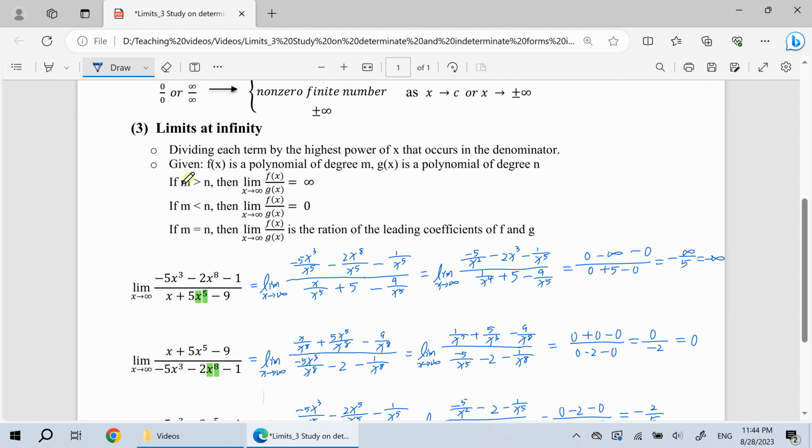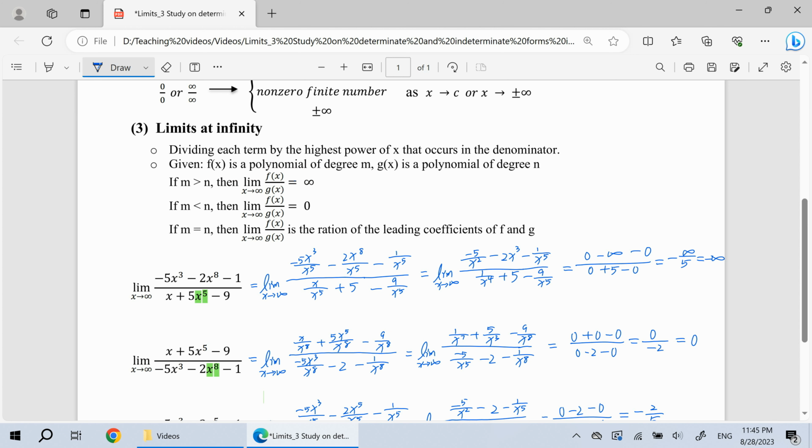Another technique is to compare the degrees of the numerator and denominator. If the numerator's degree is greater than the denominator's, then the limit goes to infinity. Here it depends on f of x and g of x.